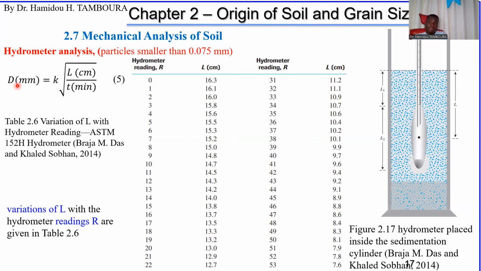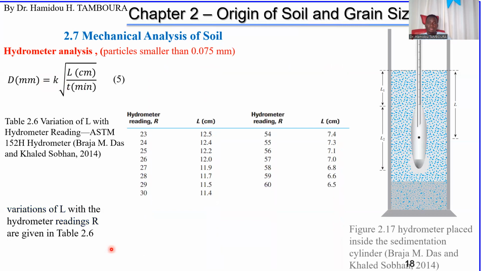You can say that the soil that has this mass has particles with diameter smaller than the D you calculated. After knowing the mass of that part, you can divide by the total mass and, by multiplying by 100, obtain the percentage of the soil smaller than this particular diameter D.